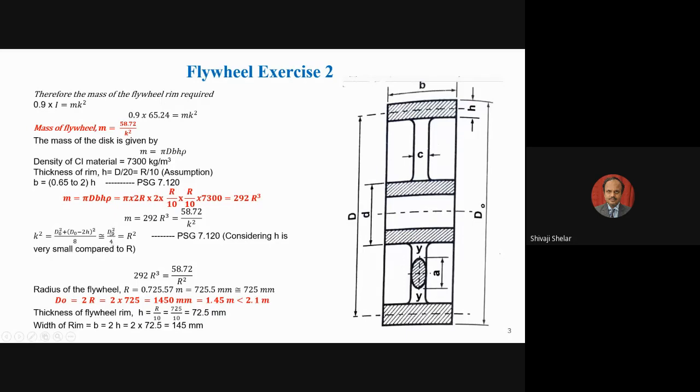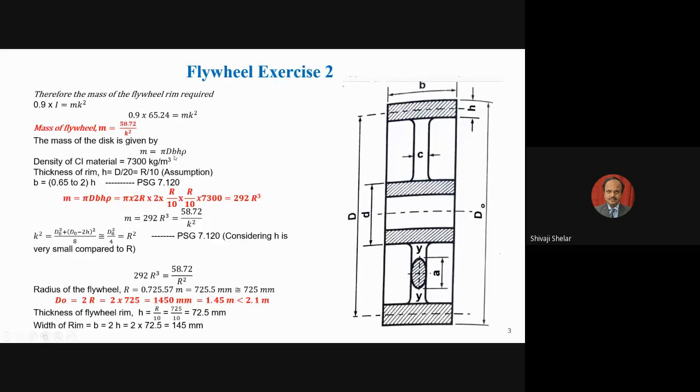D square by 4 is nothing but your R square, that is the mean radius square. So we can put K square equal to R square in this equation. What we have here is m equal to 58.72 upon R square. Another m is here, by putting these values in this formula, pi D b h cube, where D in terms of radius is 2R.